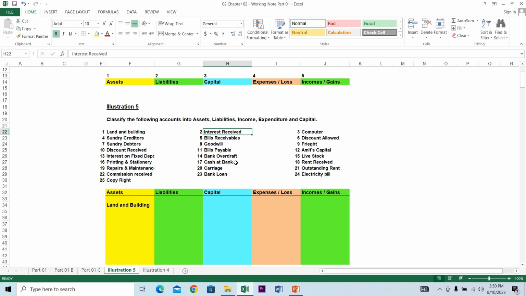Interest received is an income, so that goes to incomes and gains. Then 3rd point, computer. Computer is an asset. Then 4th one, sundry creditors.